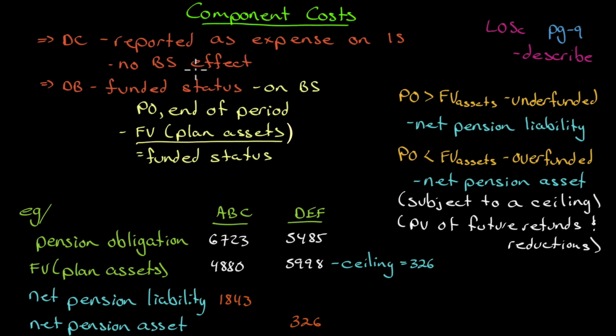Hence, if we had inventory sitting on our balance sheet, in the cost of that inventory would be the pension expense. So, when we say that there's no balance sheet effect, there is no direct balance sheet effect, but if it's folded in to the cost of our product that we make, then it technically is sitting on the balance sheet.